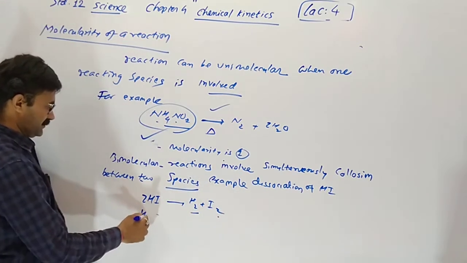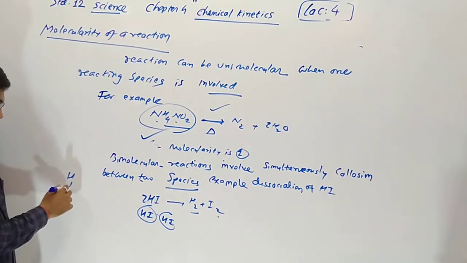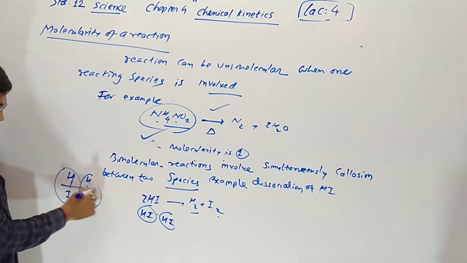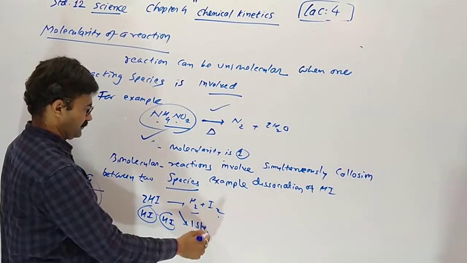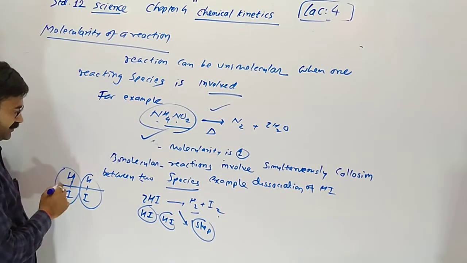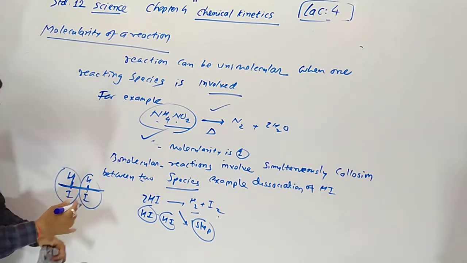Here 2 moles of HI collide with each other. So at a time, this reaction occurs in one step. So the reaction is elementary. In this reaction, how many molecules are taking part? 2. Both collide with each other.